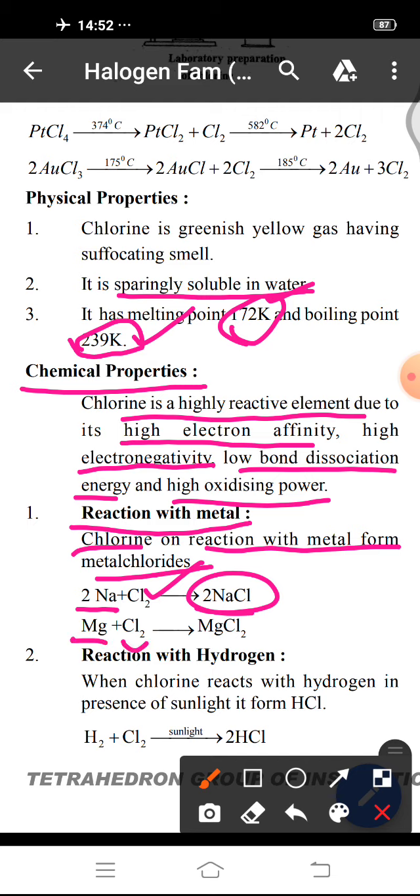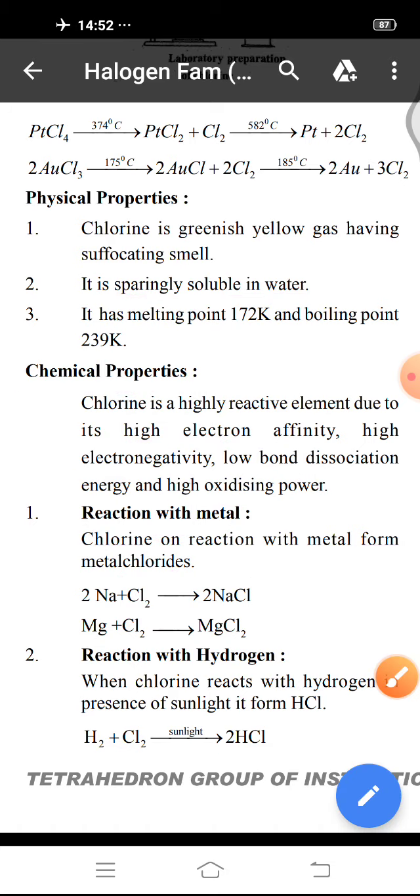Magnesium reacts with chlorine to form magnesium chloride, MgCl2. So sodium and magnesium are metals, and when they react with chlorine, they form metal chlorides.